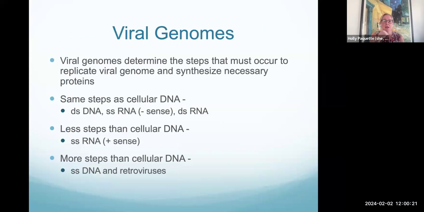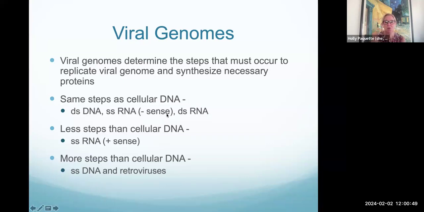So the viral genomes, depending on what they start with, determine the steps that have to occur not only to replicate the viral genome, but in the case of what I was just showing you, how to synthesize the necessary proteins. So here's the list of what I had. The same step number as cellular DNA would be our double-stranded DNA, our negative sense single-stranded RNA, and our double-stranded RNA.